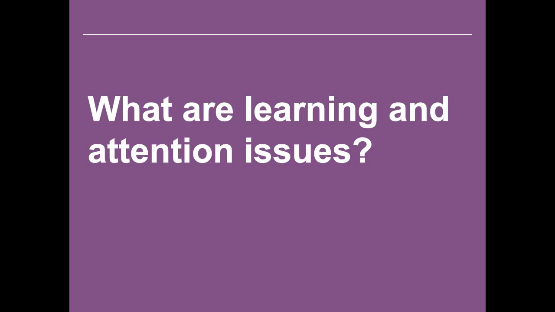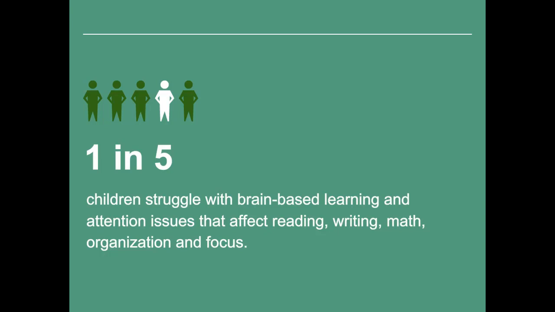It also allows us to talk about kids who are identified for special education, diagnosed with specific conditions or disabilities, but also kids who are not yet diagnosed or identified. We know that 1 in 5 kids struggle with brain-based learning and attention issues that affect reading, writing, math, organization, and focus.